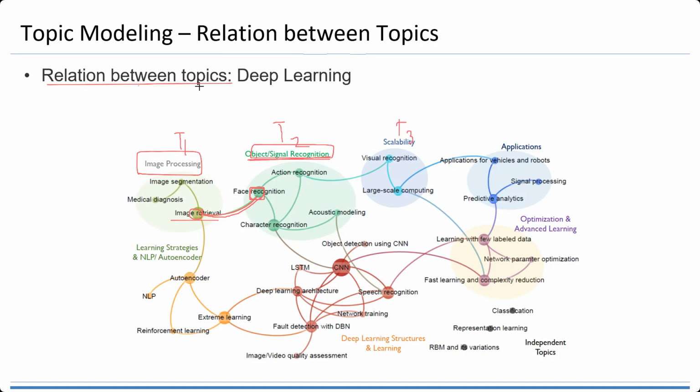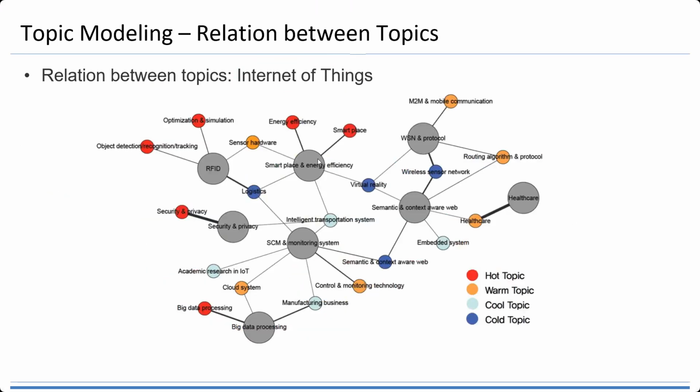This is a relationship between topics in the big topic about deep learning. Or let's say we want to see the relationship between the topics and the big picture, or big topic, which is Internet of Things.